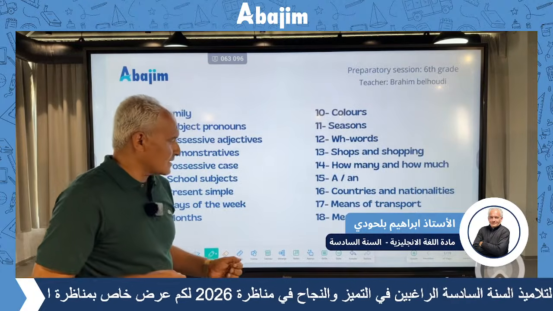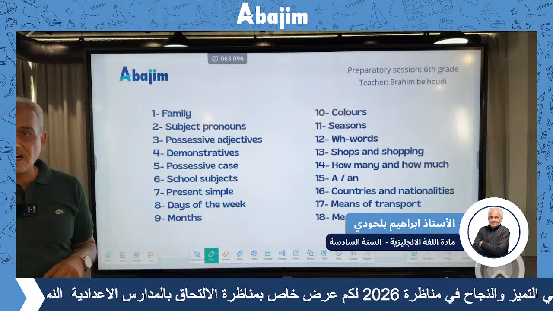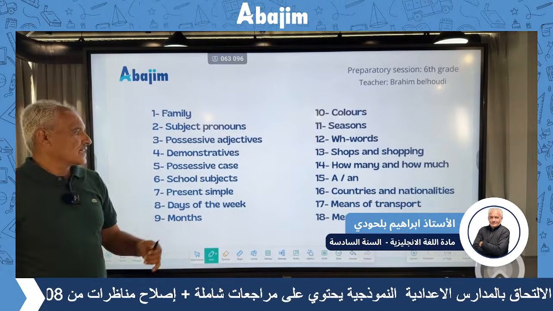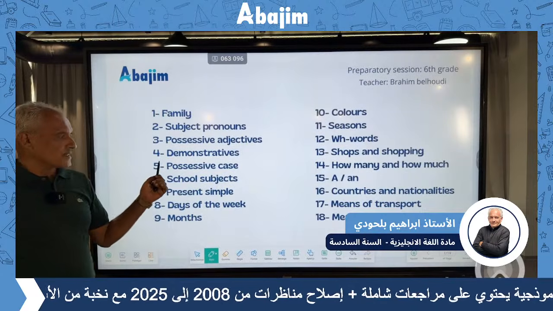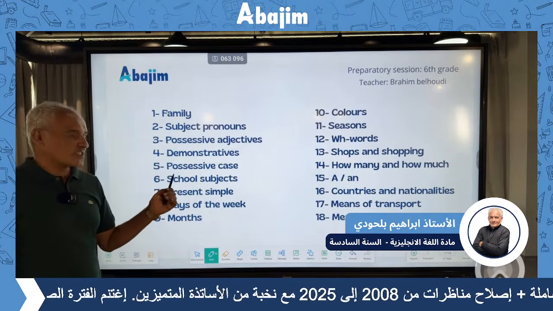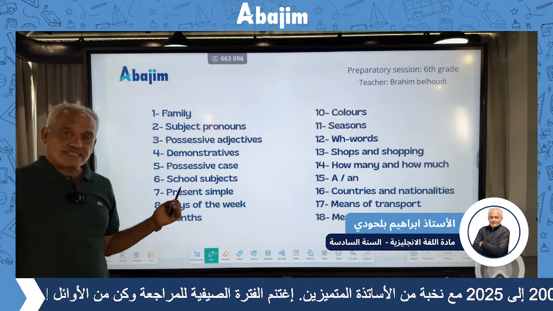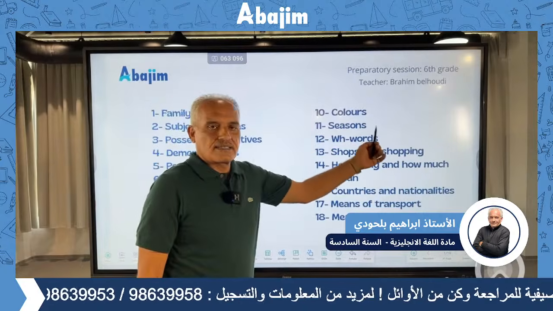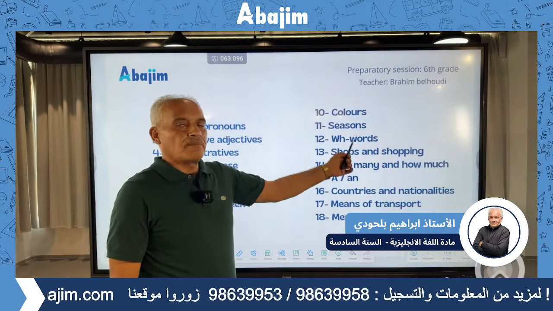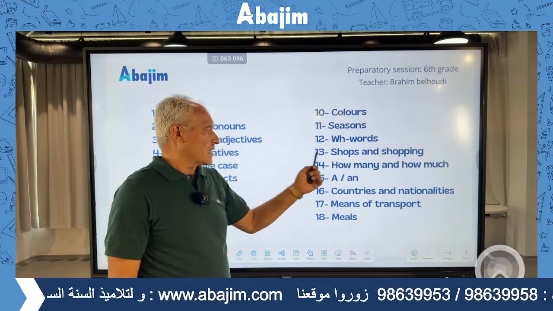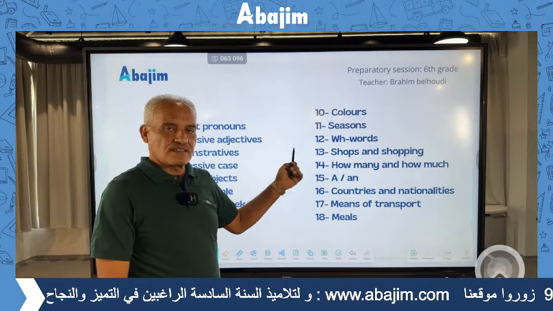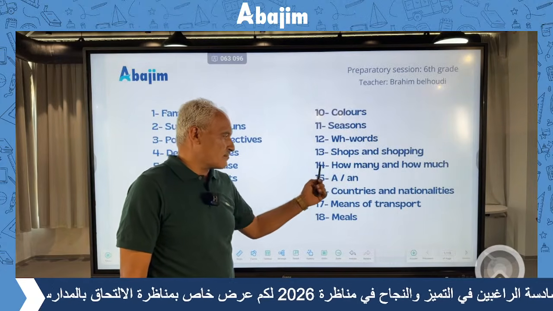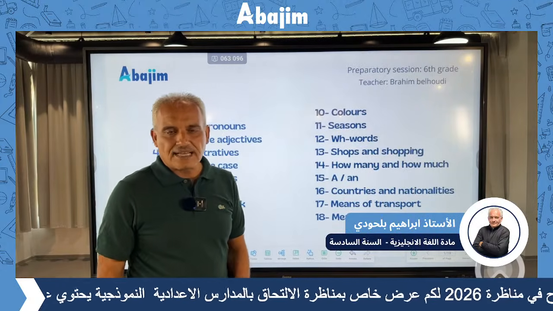So the headings are: number 1, family; number 2, subject pronouns; number 3, possessive adjectives; number 4, demonstratives; number 5, possessive case; number 6, school subjects; number 7, present simple; number 8, days of the week; number 9, months; number 10, colors; number 11, seasons; number 12, WH words; number 13, shops and shopping; number 14, how many and how much; number 15, a and an, the indefinite articles; number 16, countries and nationalities; number 17, means of transport; and number 18, the last, meals.